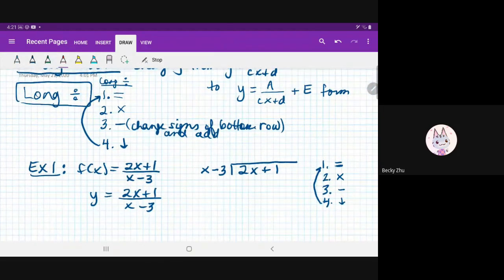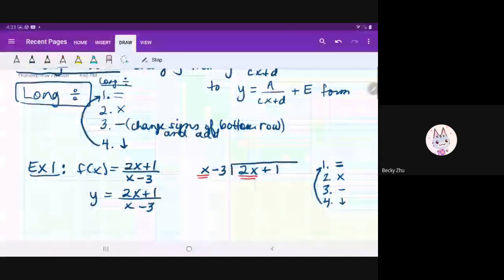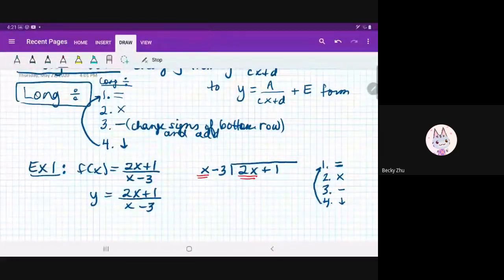What we did first is double underline the first object in the divisor, which is in the front, and in the dividend, which is in the middle. We were trying to make them match. So write in the comments if you know how to get from x to 2x by multiplication.